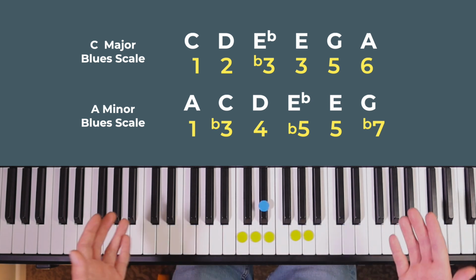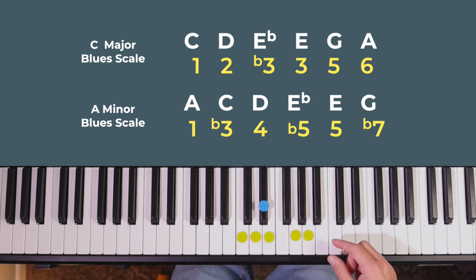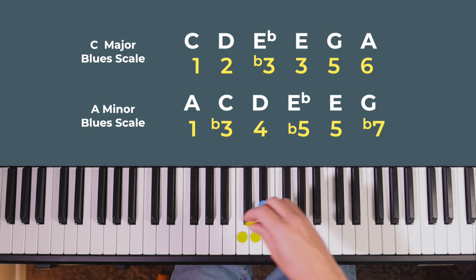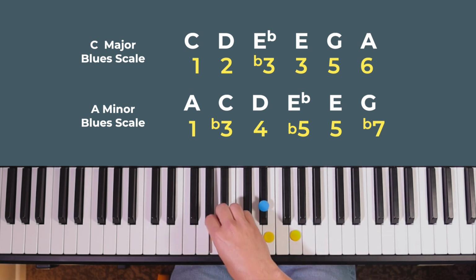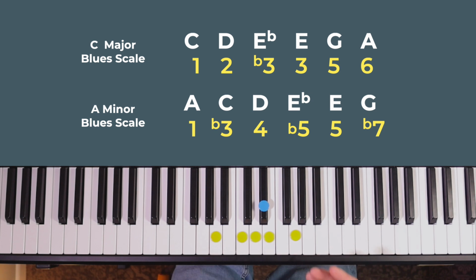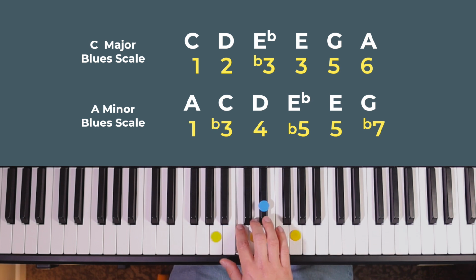And I can still do the same thing as before, even though we've added a note. I take the 6th from the top, which is A in this key, and I put it on the bottom. So the C major blues scale becomes the A minor blues scale.